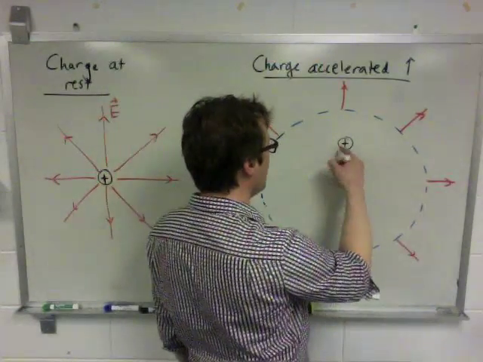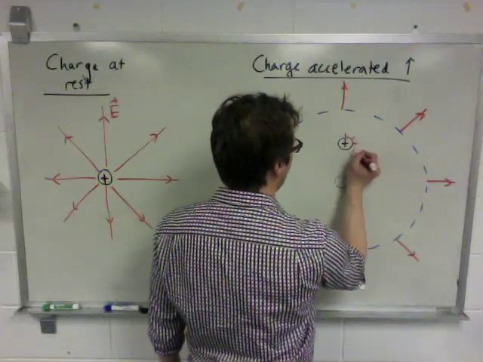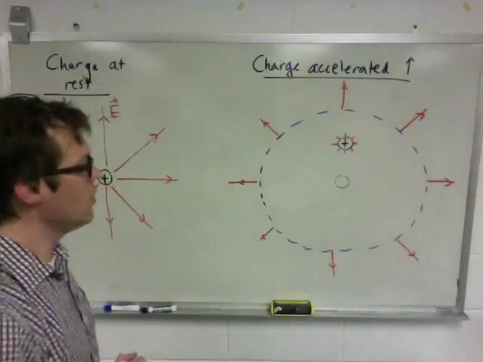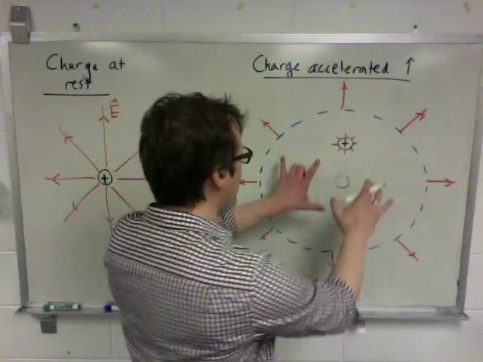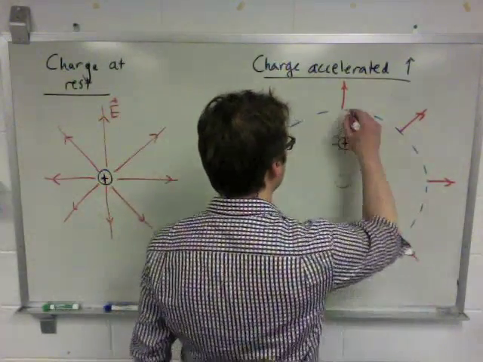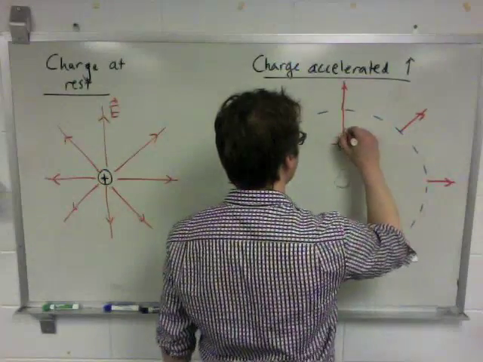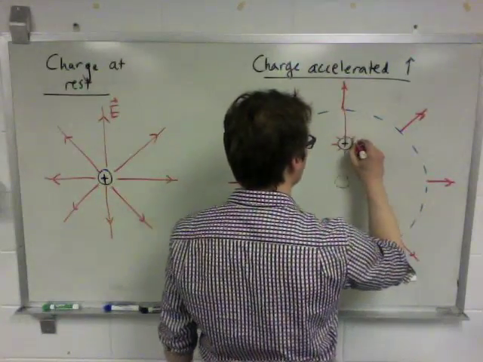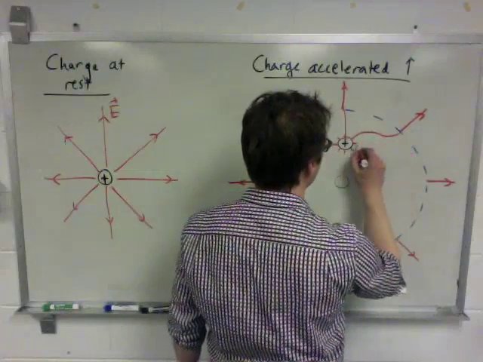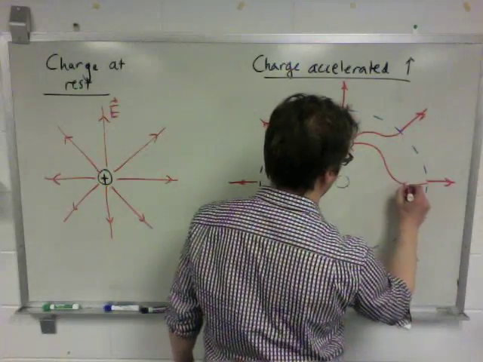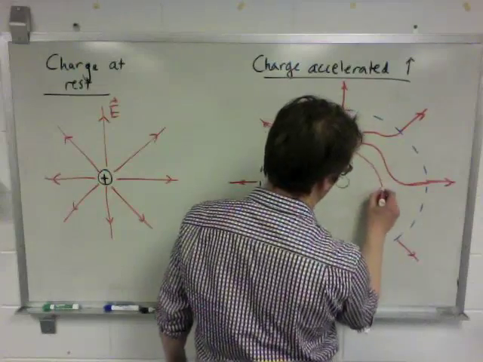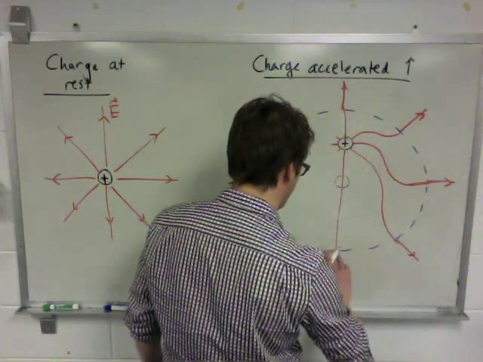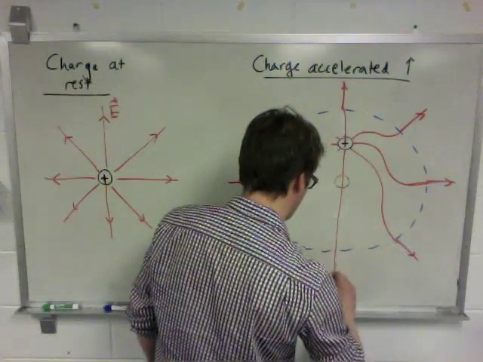If you get really close to the charge, then the electric field lines follow along pretty closely. And so to find out what's going on inside this blue circle here, what I really need to do is try to sort of smoothly connect these electric field lines. And you can see that I'm going to get these sort of interesting looking shapes. This one's going to be straight down.